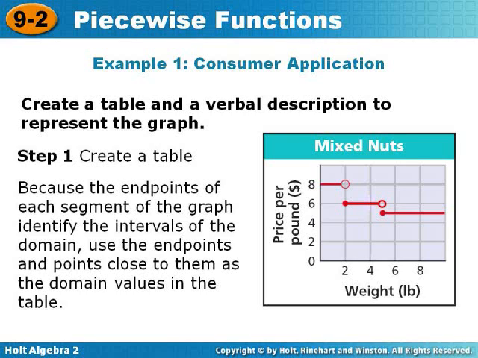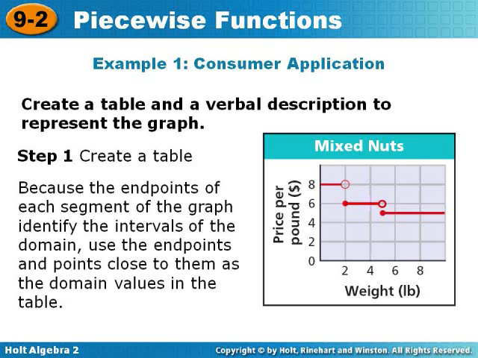If you purchase between 2 and 5, or just under 5 pounds, you'll pay $6 per pound. If you buy 5 pounds or more, you're going to pay $5 per pound. That's what this piecewise function is showing you. If you buy 2 pounds, you will pay $6, not $8.